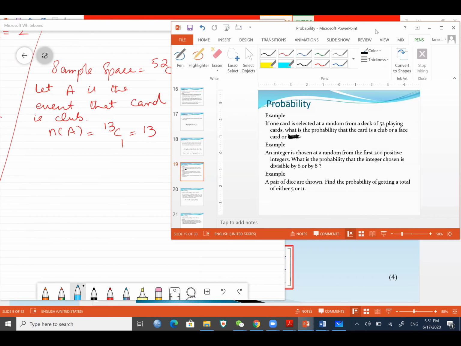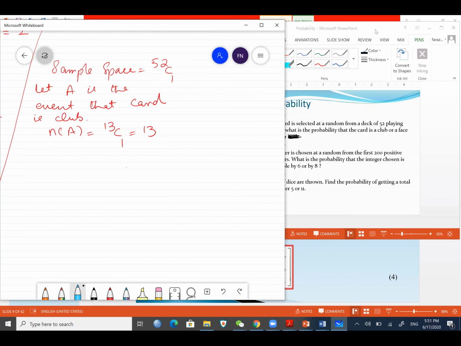What is the probability that the card is a club or a face card? Then we say that let B be the event that the selected card is a face card. So how many face cards do we have?